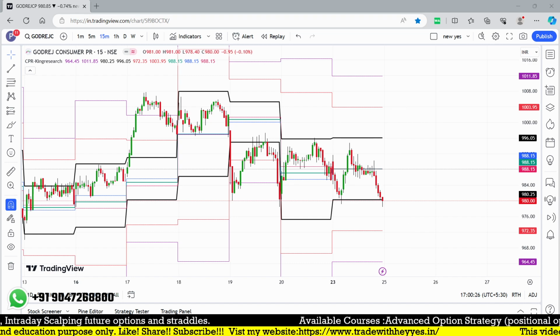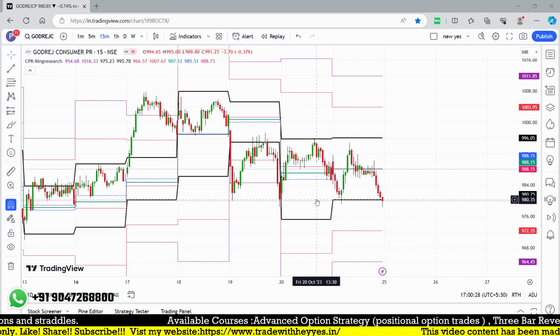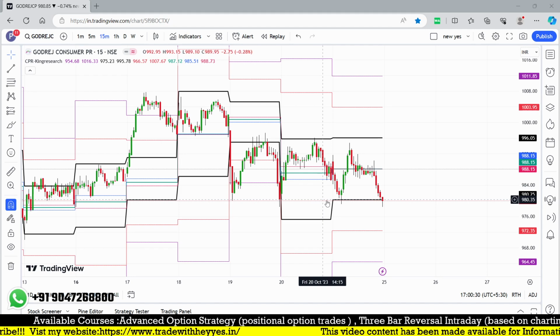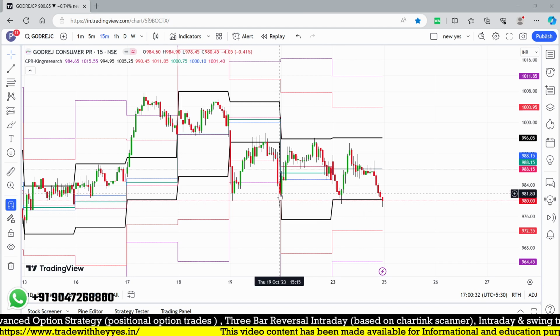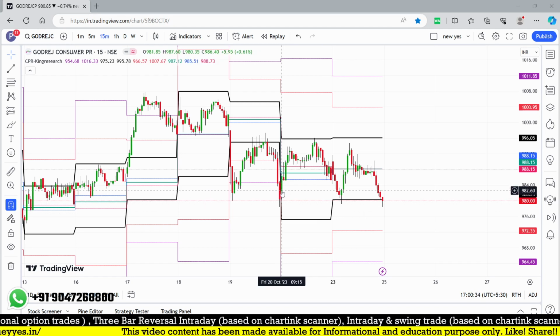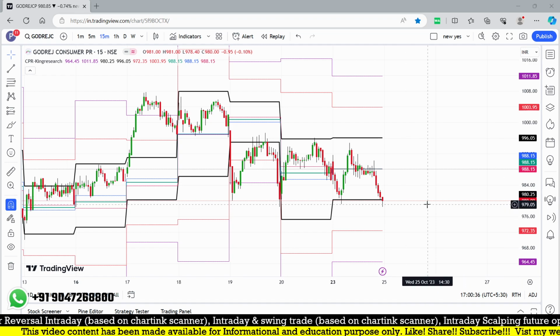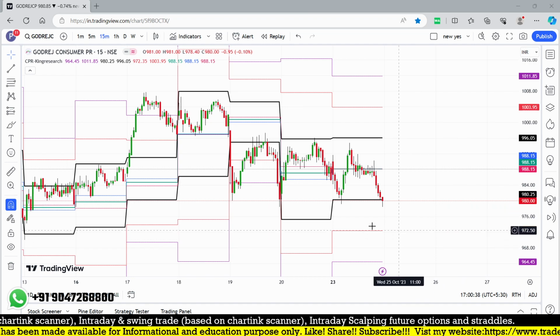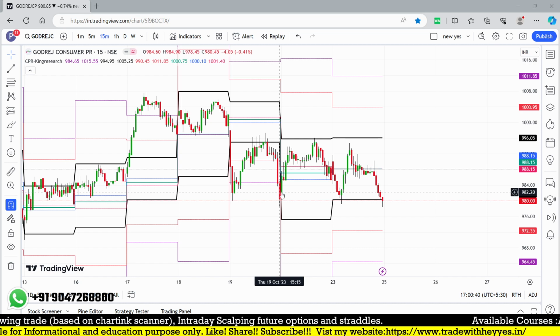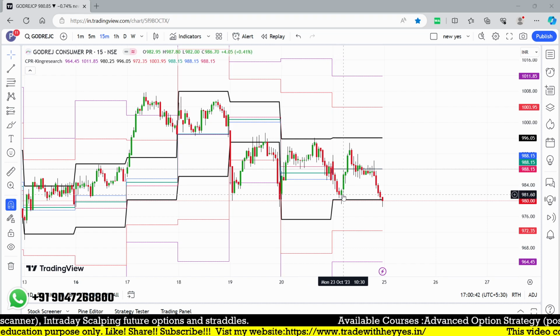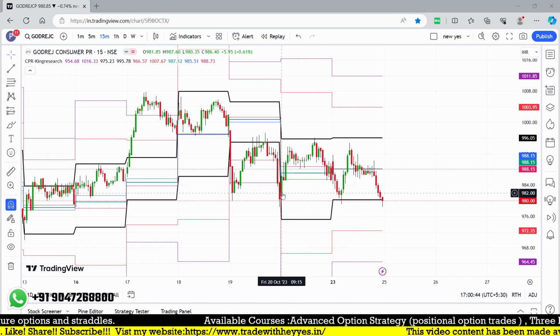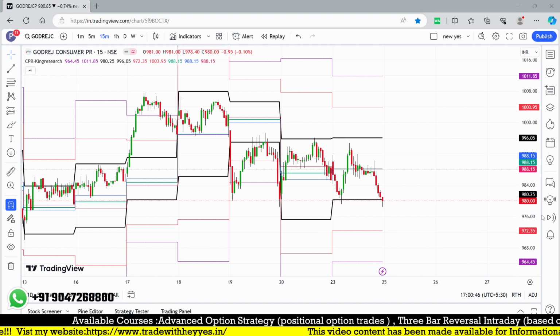The low may vary, and the day low should be S1. You can look at this, the previous day low is around 980.35, and here it's slightly different, 980.25. This is what is different.